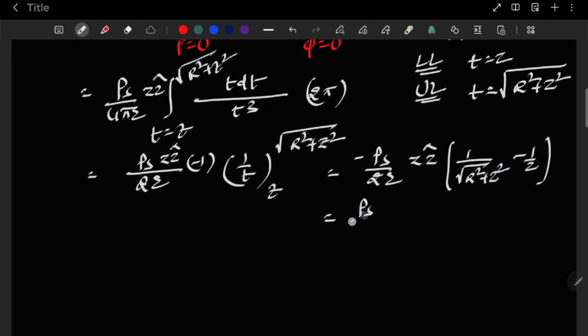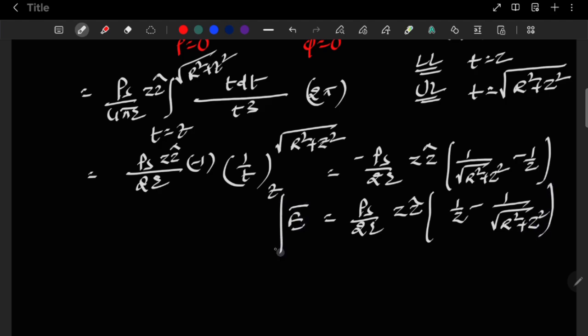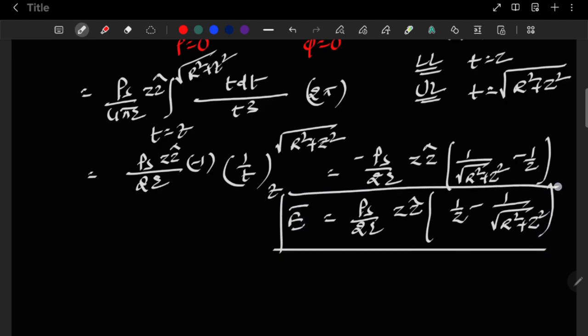So it is equal to rho s by 2 epsilon z cap into 1 by z minus 1 by square root of R square plus z square. So this is our electric field due to the circular disk of radius capital R.